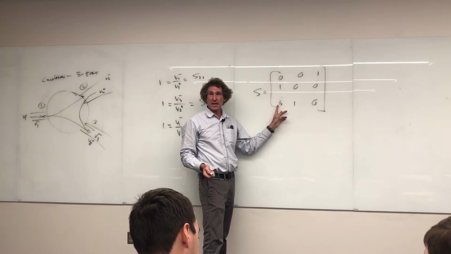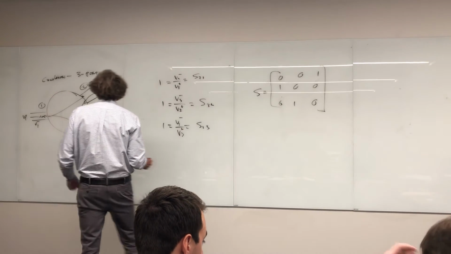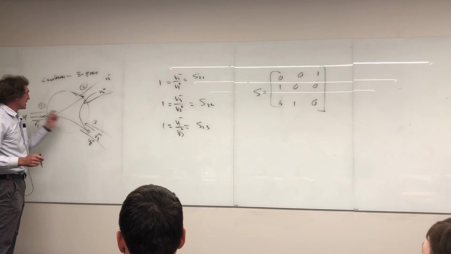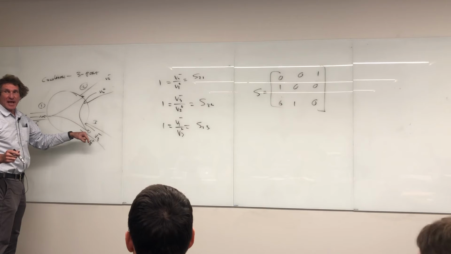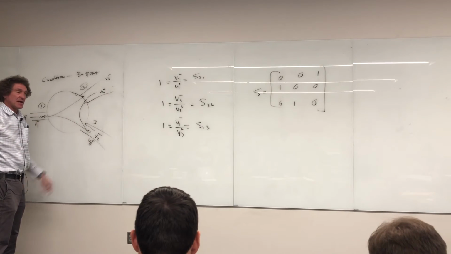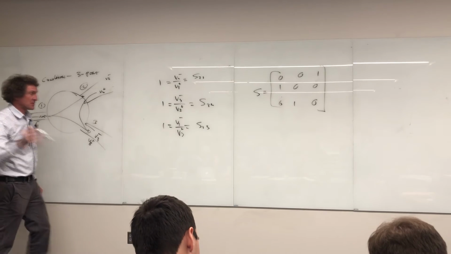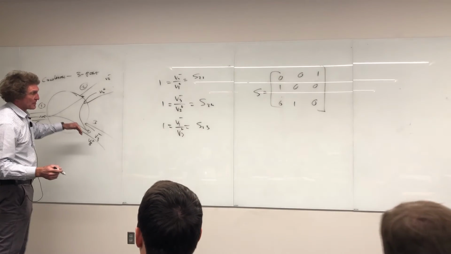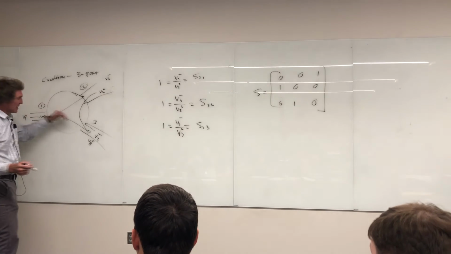And if you want the isolation between, for instance, port 1 and 3 going this way, that would be S31, if it came in 1, came out 3.